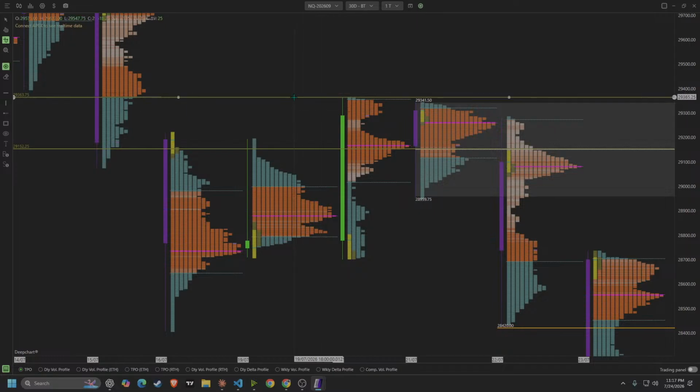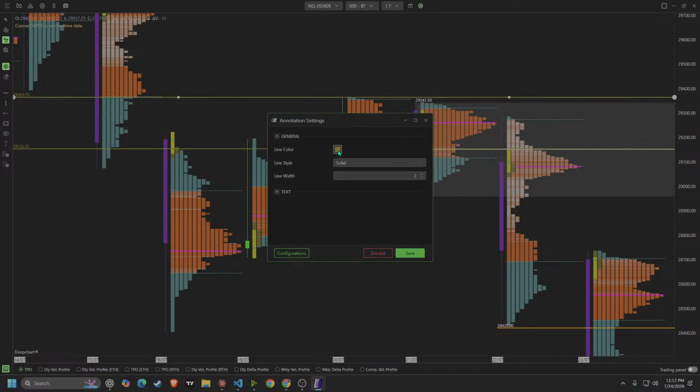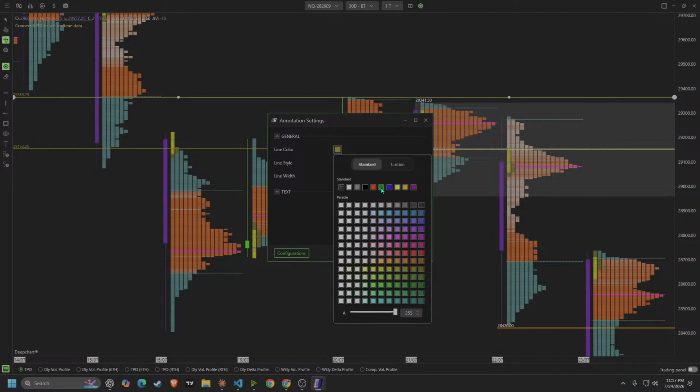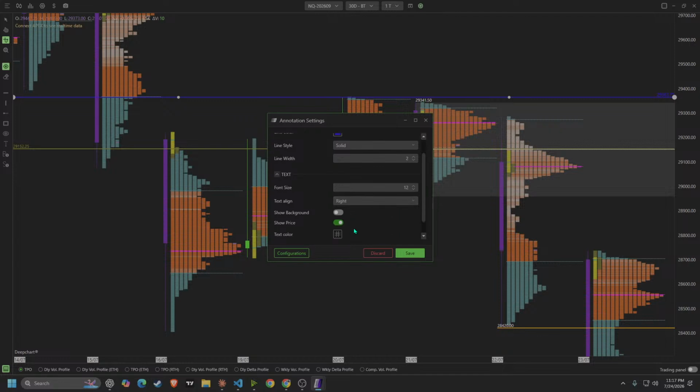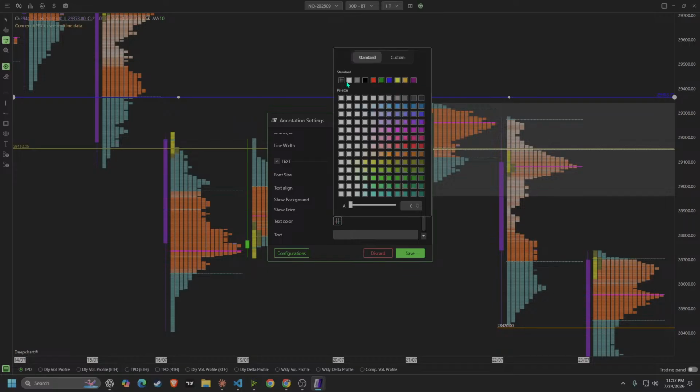So we can call that, make it blue, right? We're going to add some text to it, align it to the right, make the font size a little bit bigger. Text is going to be white.